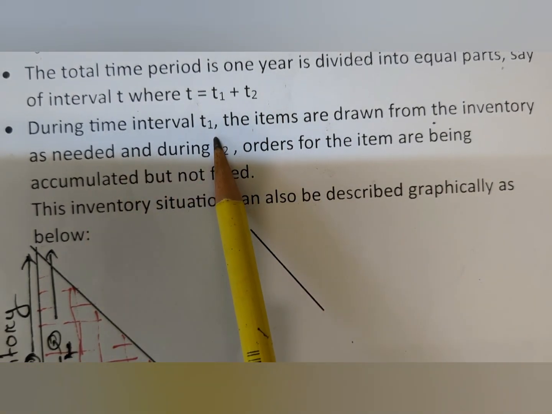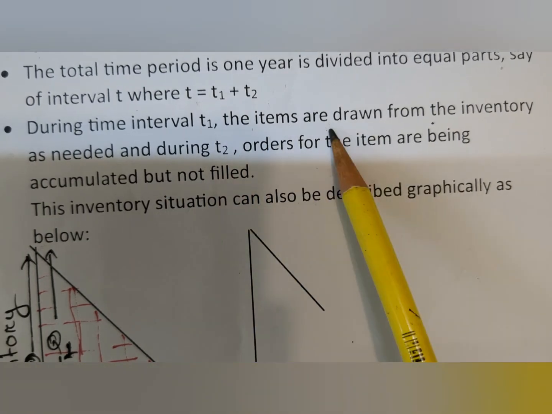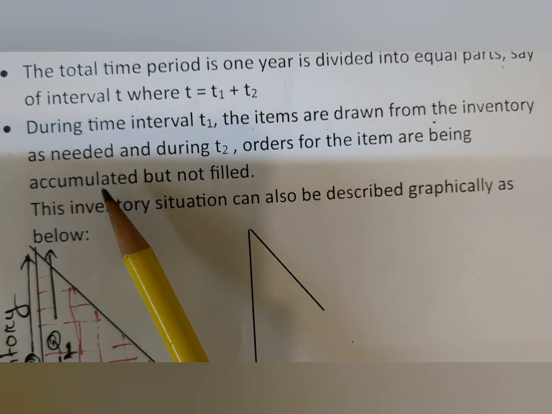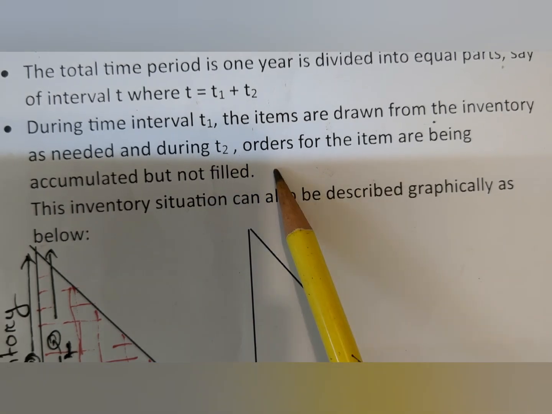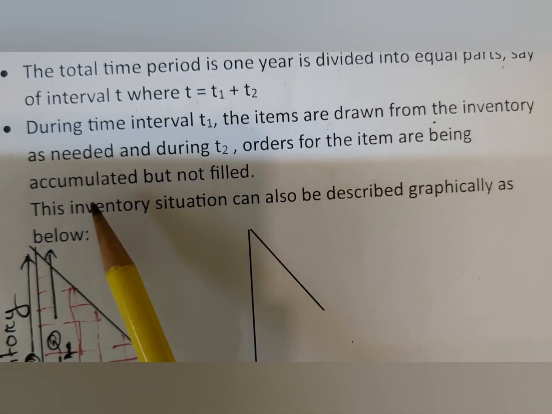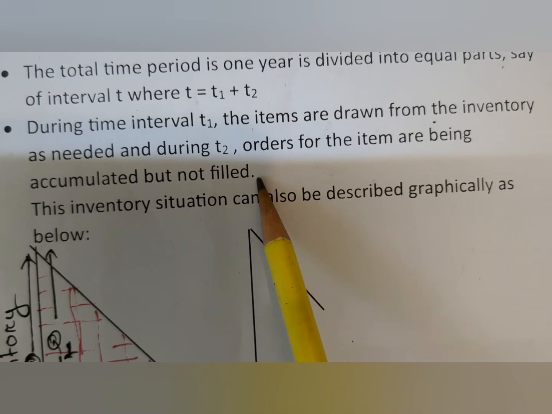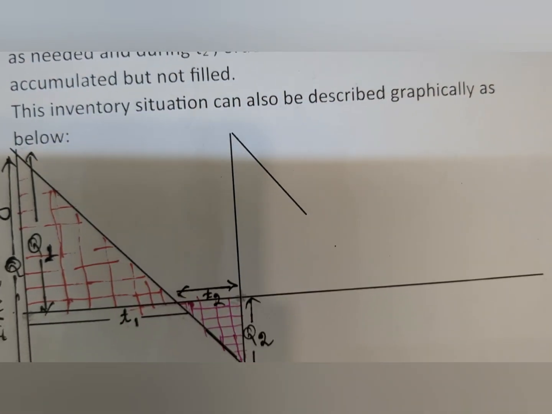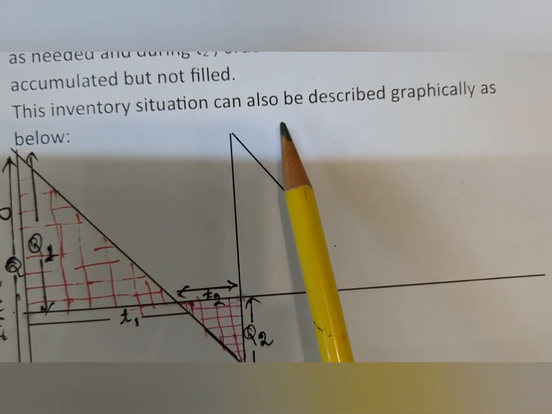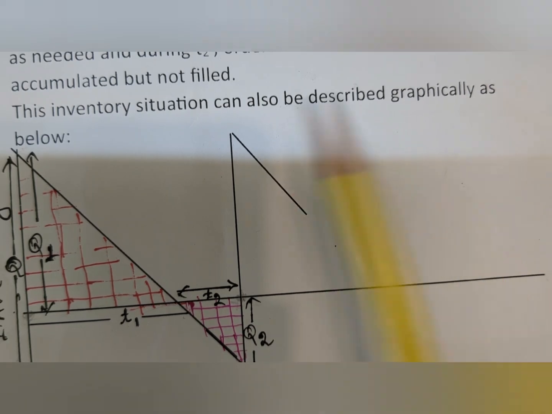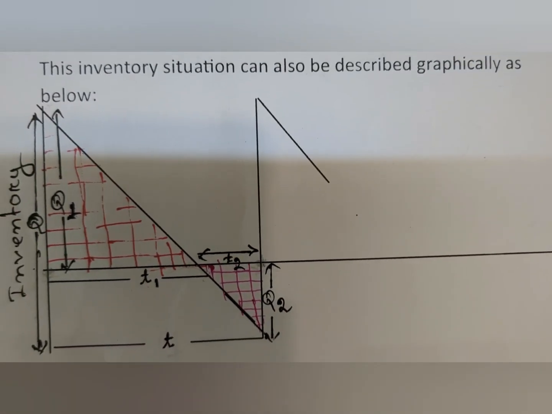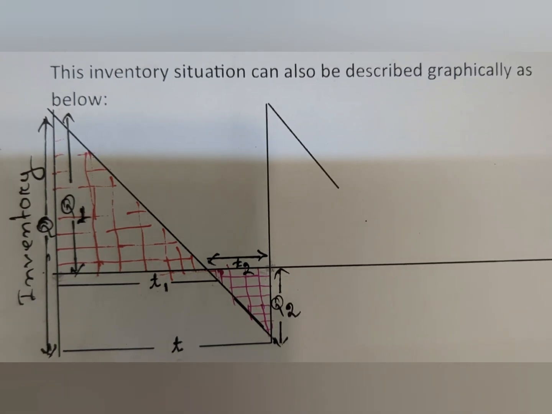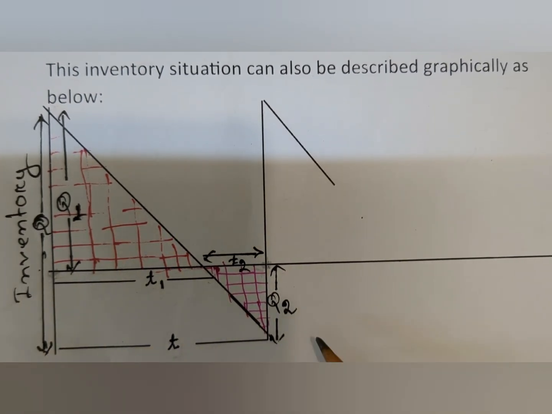During time interval t1, again I am repeating, the items are drawn from the inventory as needed, and during t2, orders for the item are being accumulated but not filled. That means shortages. Thus, the inventory situation can also be described graphically with this graph. I have just now discussed it.